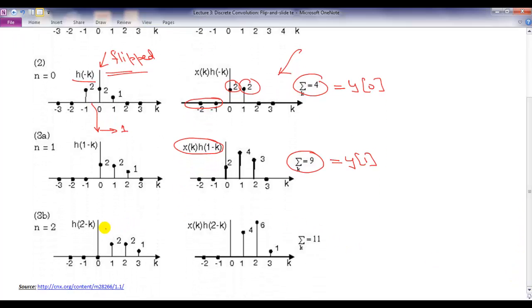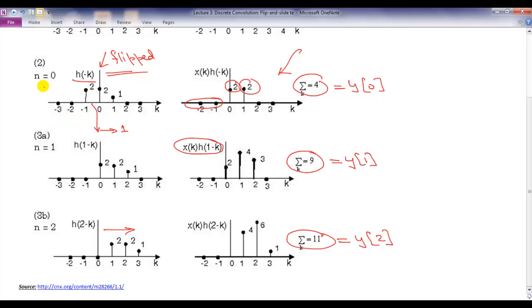This is what you do. For n equal to 2, you slide the flipped version by an amount of 2. Again, you multiply, you add them up, and you get 11, which is y of 2. You can do the same for negative values of n, which means you would slide the thing to the left.